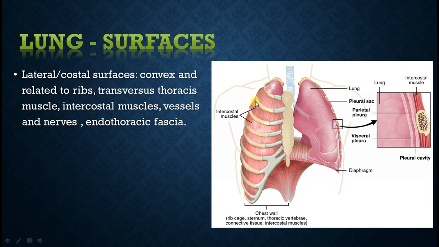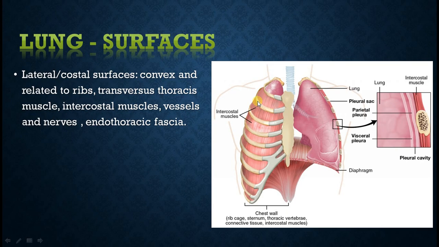Naturally, there are corresponding nerves and vessels present in each space. So it is related mainly to the internal surface of the thoracic wall: ribs, intercostal muscles with their vessels and nerves.